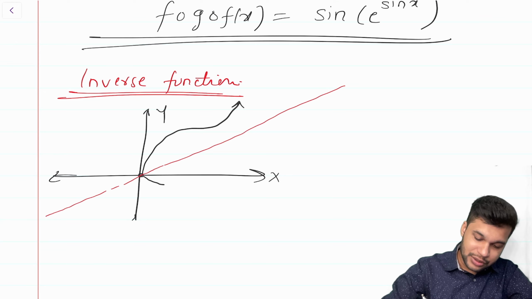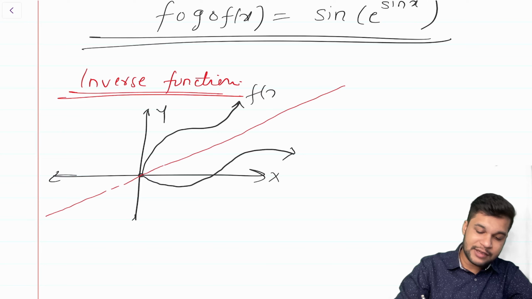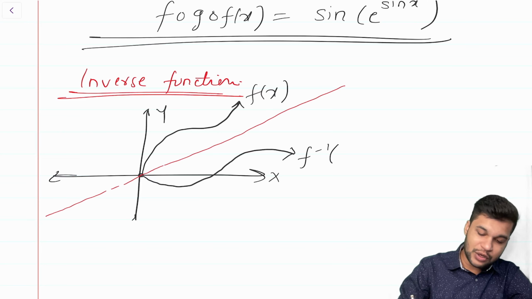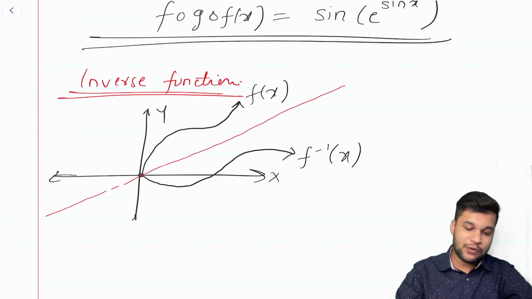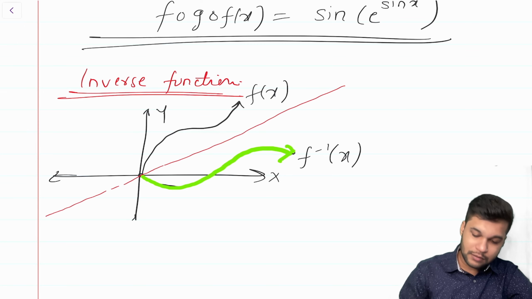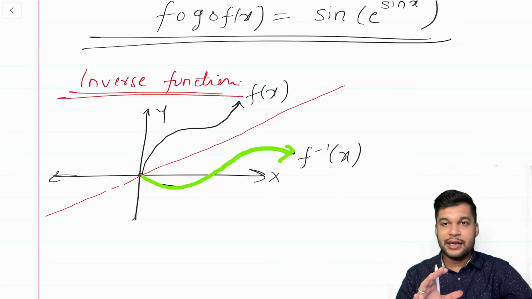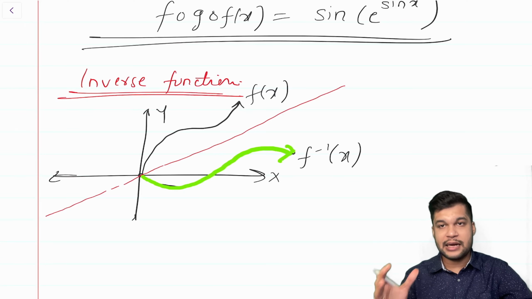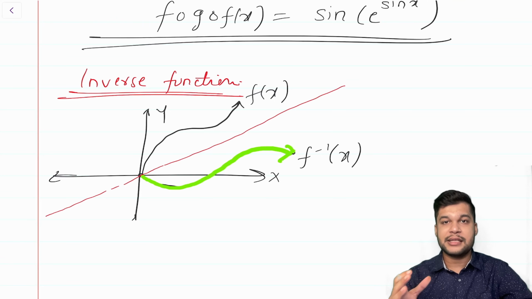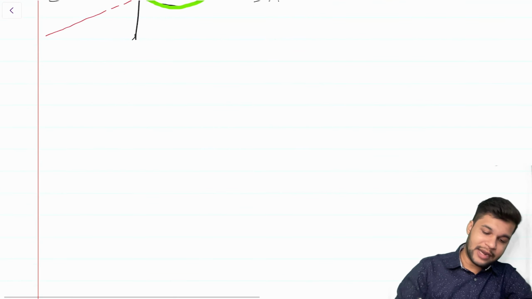So the image that you will get over here, if this is f(x), this is your f inverse of x. The black line is f(x) and the green curve is f inverse of x. So I'll write it down.